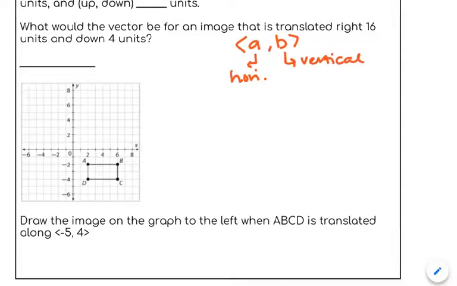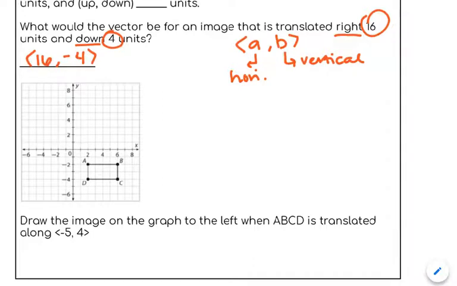A is going to the right, so that's going to be positive 16, and then down 4 units. Down means it's going negative, so it's going to be negative 4. So that's what our vector is going to look like, going right 16 units and down 4 units.